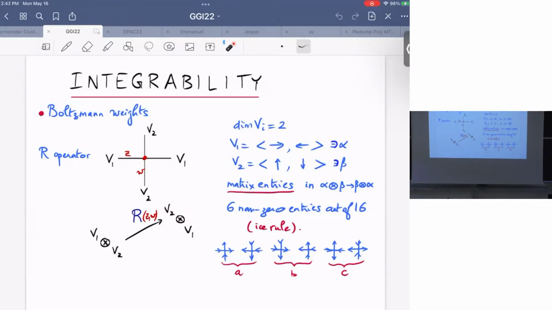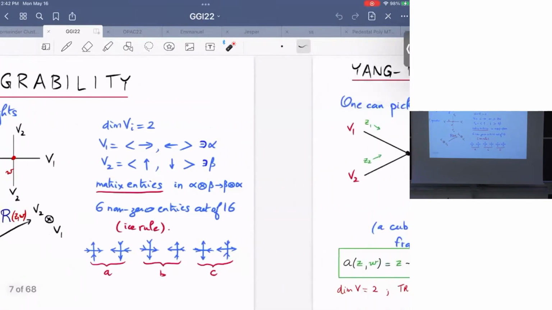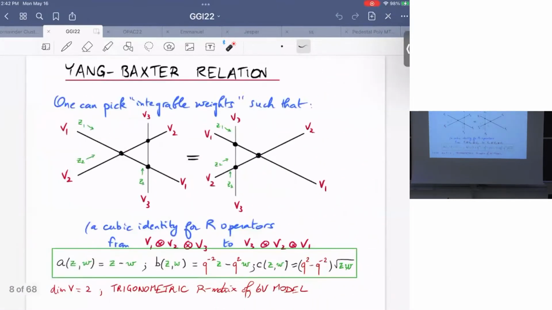And okay, I don't want to enter into that detail. I think the only thing you have to know is that basically this description of the weights as intersections of two lines is such that they obey invariance under moving lines around, which is called the Yang-Baxter equation if you go down to the definition of those weights, but which just means this picture. Okay, so you can move lines around. That's the thing you have to remember.